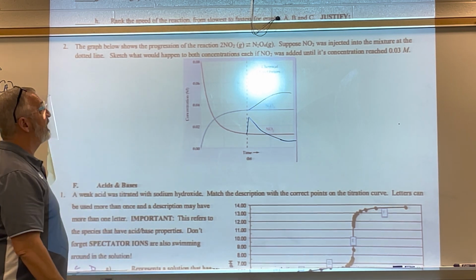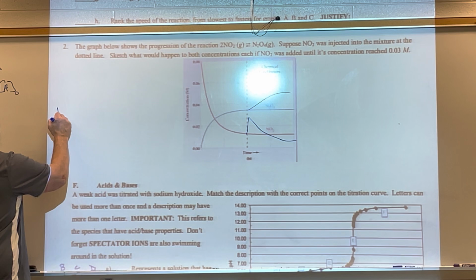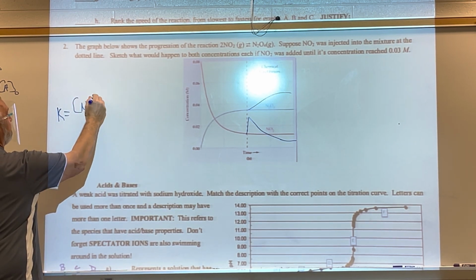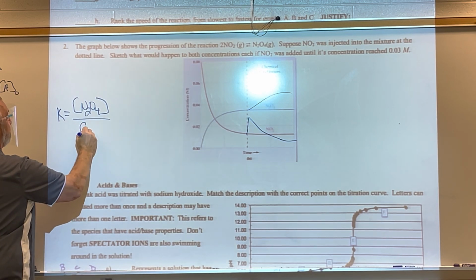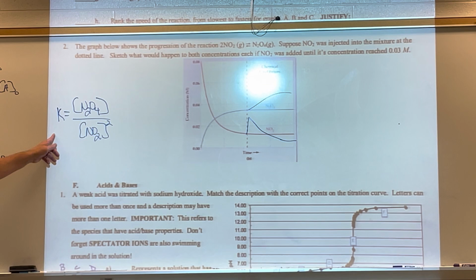Okay? Now, I'm trying to think of, on this one, if the temperature remains constant. K is going to equal N2O4 over NO2 squared. What's the only thing that's going to change that value of K?